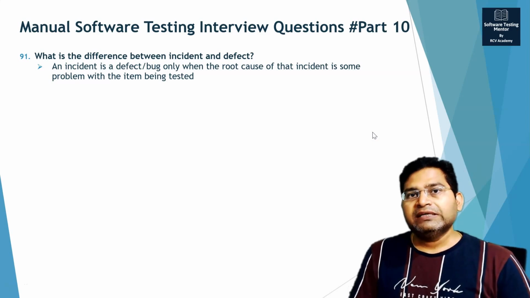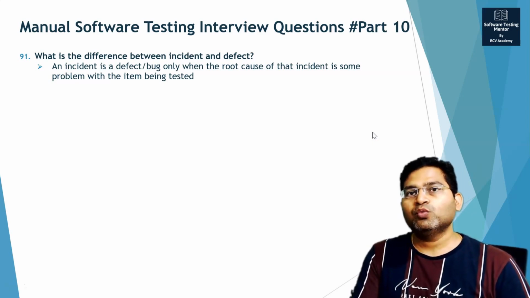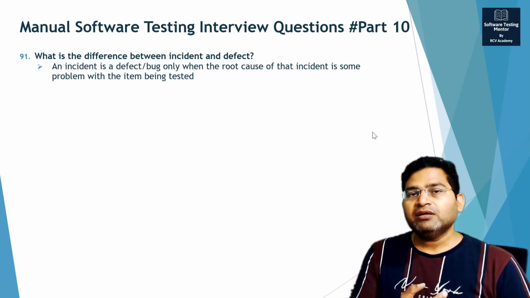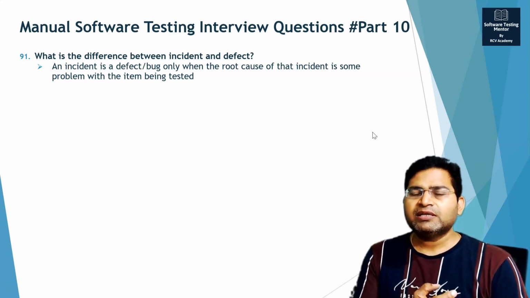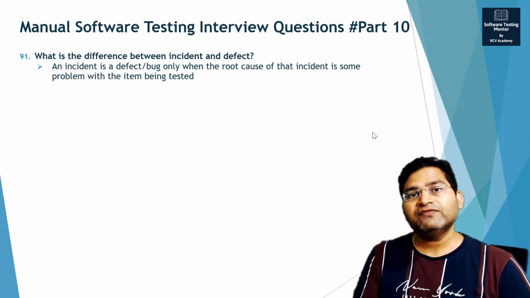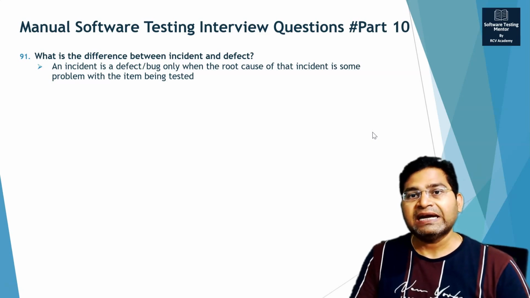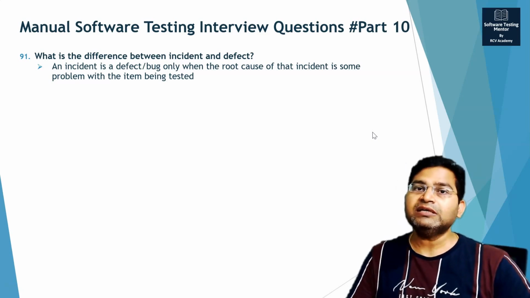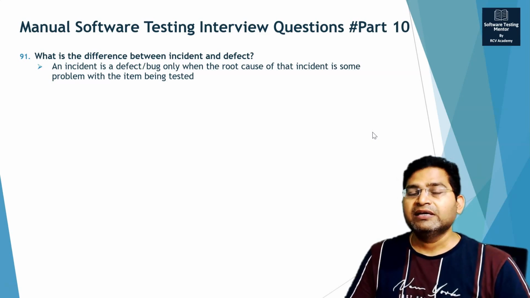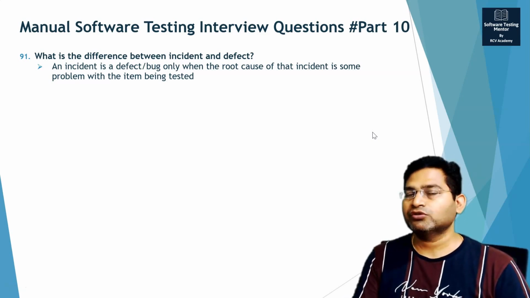Now an incident is any sort of mismatch between the actual and the expected, and there could be many reasons. There could be a reason because the test data that is being used is not correct. If the test data that is being used to test something is not correct, that is not a defect because it's an issue with the test data, right? It's nothing to do with the actual implementation of the software. The software is fine.